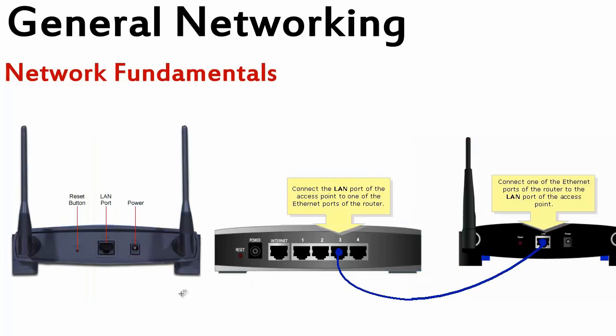When you look at a standalone access point, you will not find a lot of ports on it. Here, you will find a LAN port, a reset button, and a power port. That's it. Nothing else. Why? Well, that's how you connect it. You take your existing router or a switch and you connect it to your access point.